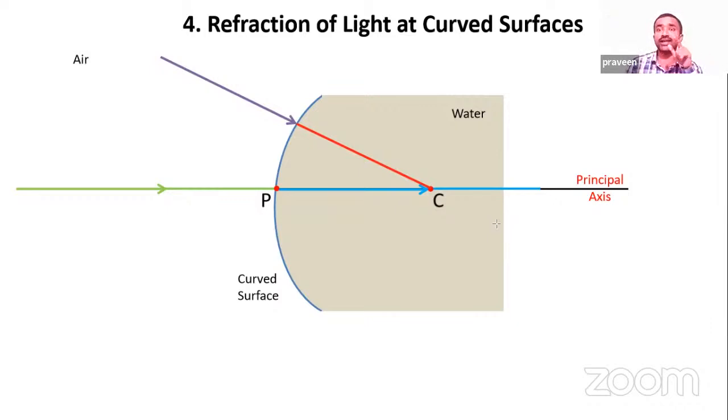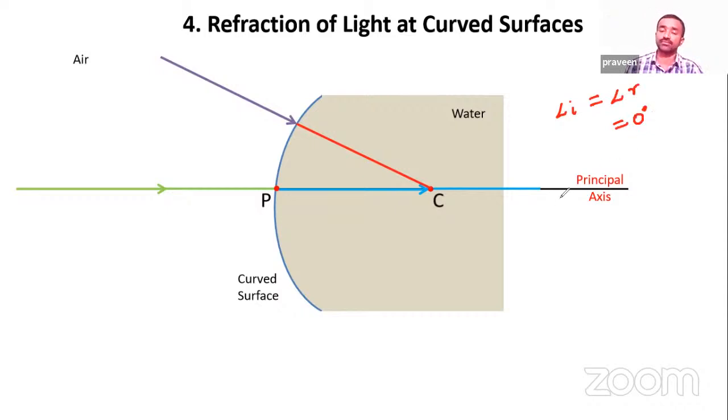The line connecting the center and the point of incidence on the curvature is called the normal. If you extend that red color line outside, it is along that light ray. So the light ray is along the normal now. In this case also, the angle of incidence is equal to the angle of refraction, that is equal to 0 degrees.